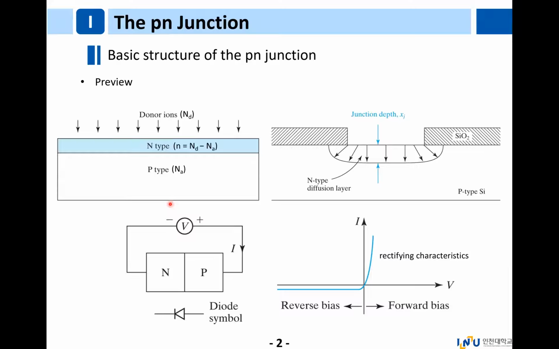In actual fabrication processes, situations may arise where acceptor and donor ions are mixed. However, for the theoretical interpretation of p-n junctions, considering such complexities would make the analysis too intricate and confusing.